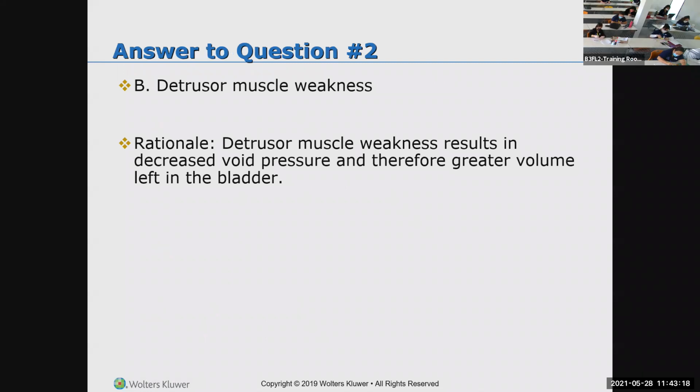Detrusor muscle weakness is what causes retention. It results in decreased voiding pressure, and therefore greater volume left in the bladder. Look at this one. I mentioned urinary retention. That is urinary retention. My detrusor muscles are weak. Okay, so please remember.